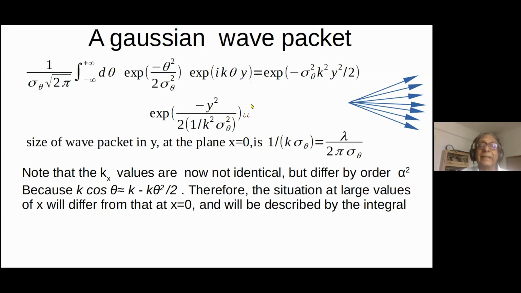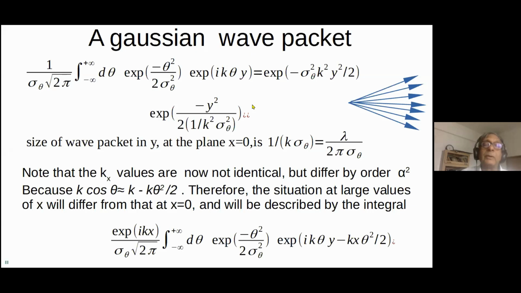So a real understanding of diffraction is going to happen when we go away from the plane x equal to 0. How do things spread out? And now, same integral, but now we have to add this added factor, k theta squared by 2. So the good news is that you people are going to study this integral in the problem session.